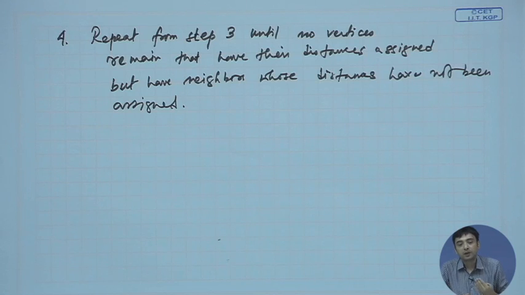So you repeat this process until all the vertices and their neighbors have been assigned a distance as well as a weight. This entire algorithm can be implemented using a queue structure, just like a BFS.